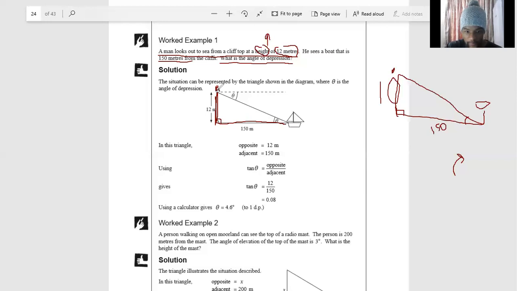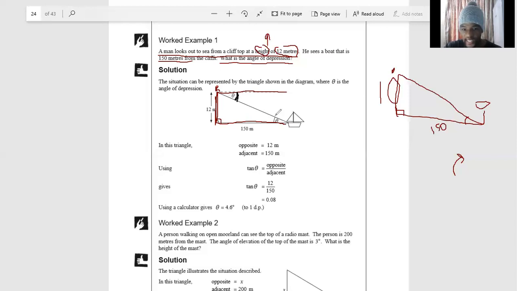If he's looking straight, his eyes are looking somewhere there, right? So if we want the angle of depression, he must move his eyes from looking straight to looking down, because the boat is down there. So if he looks down, then he'll be focusing on this angle. So this will be the angle of depression.